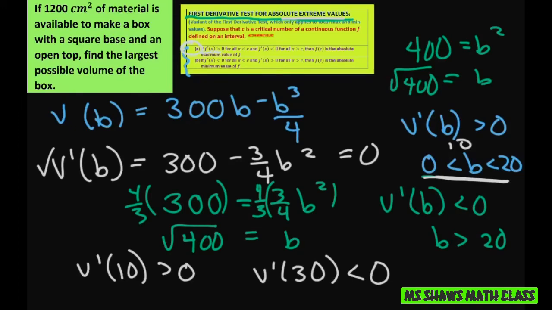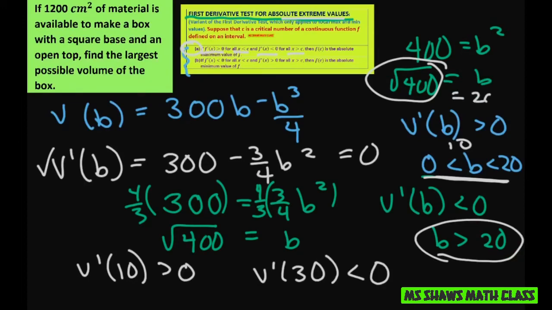If the derivative is positive and x is less than our critical number, and also if our derivative is negative and x is greater than our critical number, like we had here, because this equals 20 there, then it is the absolute maximum.